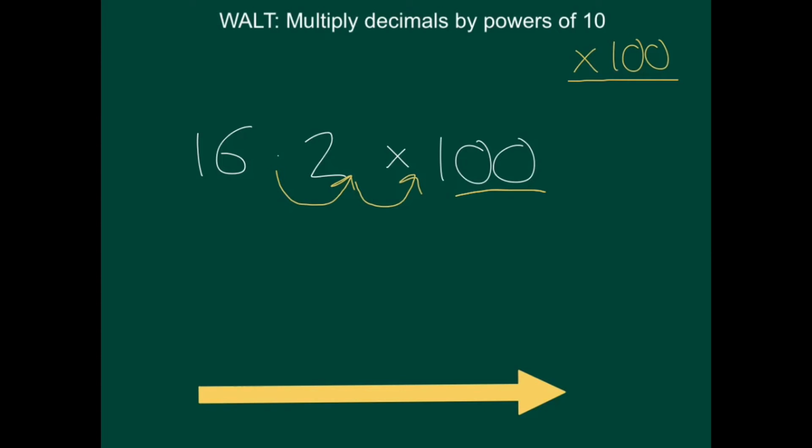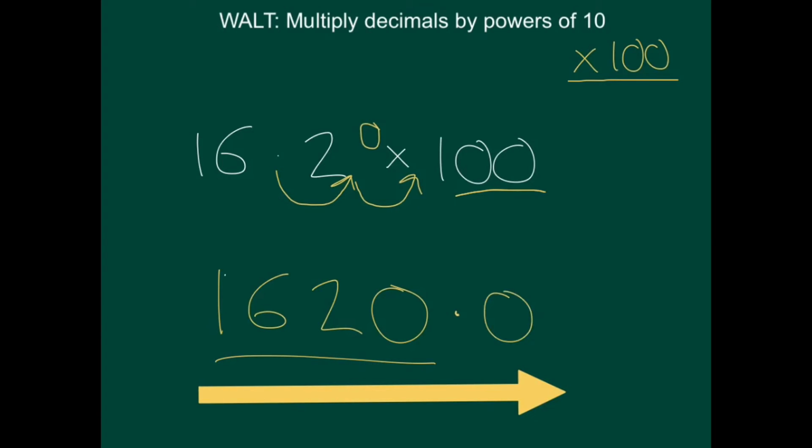Now when we move it another, we have to put a little placeholder in. And the placeholder is always going to be 0. So that makes our final answer, 16.2 times 100, must equal 1,620. So I've moved it two places, and we've moved it to here.